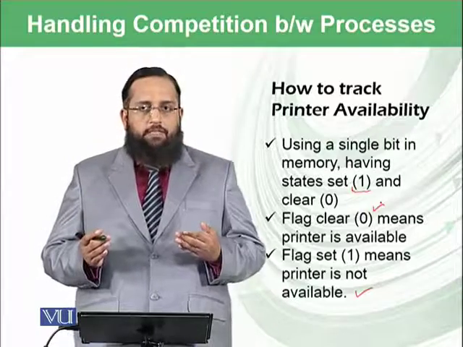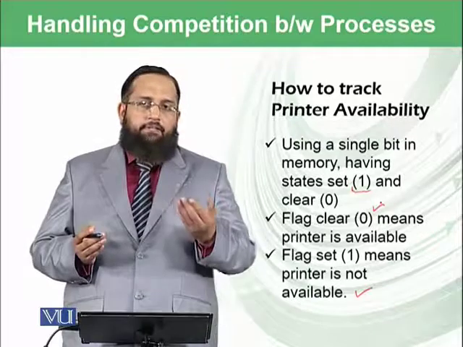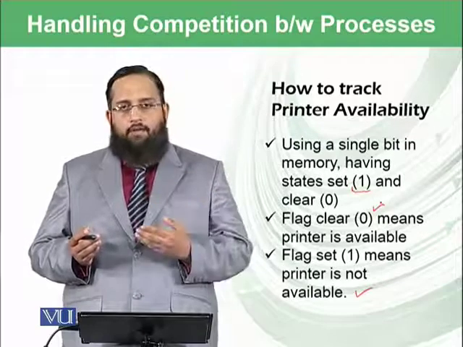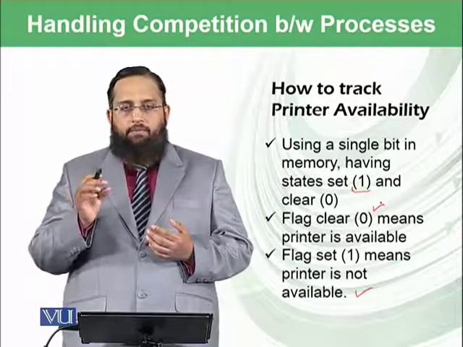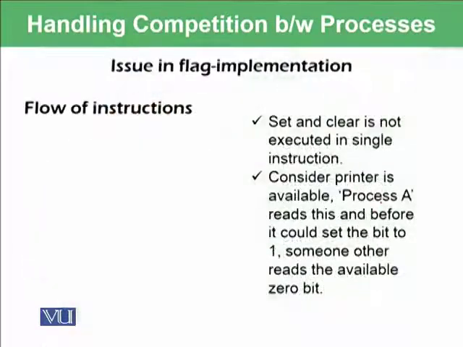So this is a very easy way to check whether the printer is available or not, and we can put this information in 1 bit in the main memory. Let's see if we store such a bit, whether it would be okay or it may have certain problems.